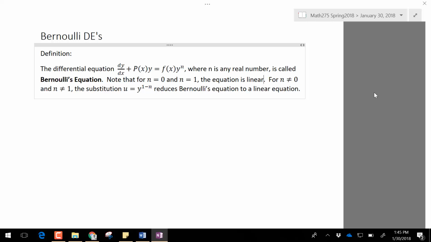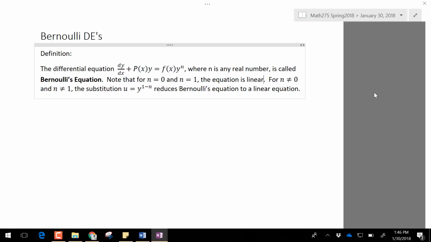So that extra y to some power means that there's going to be some special technique to solve for this, where you can retransform it to look like a first order linear differential equation. Because like they're saying here, as long as n doesn't equal 0 or 1, it's a first order, but it's not a linear differential equation. But a good substitution would make it linear again. And so that's what's going to happen.